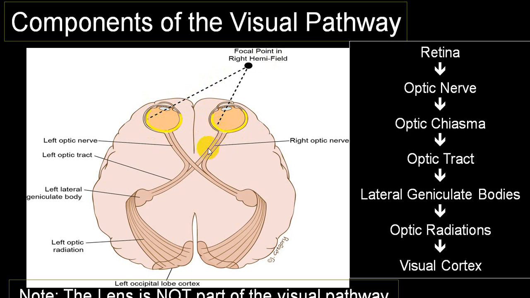This nasal fiber crosses to the opposite side and the temporal fiber remains on the same side. So if there is some object on the extreme right side, the left eye temporal and right eye nasal will be giving a stimulus, and that will go to the left side cerebral cortex.